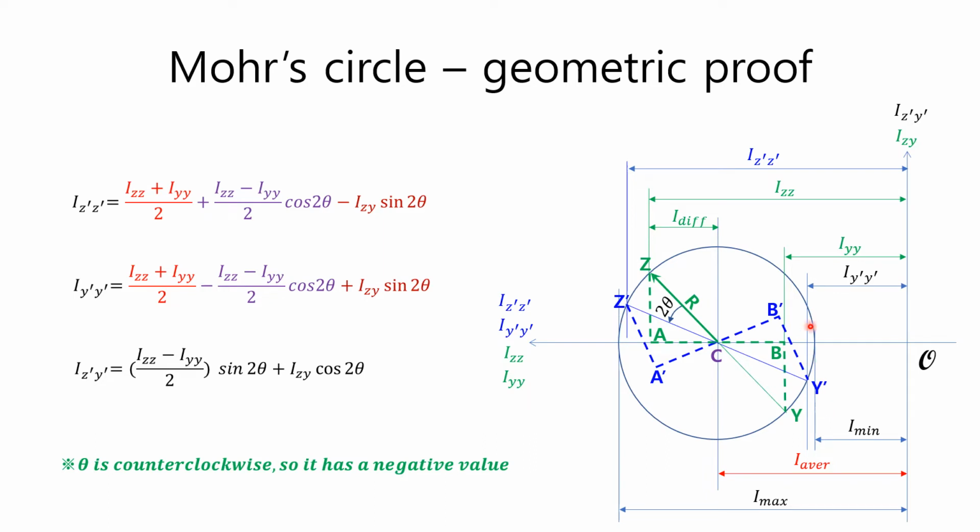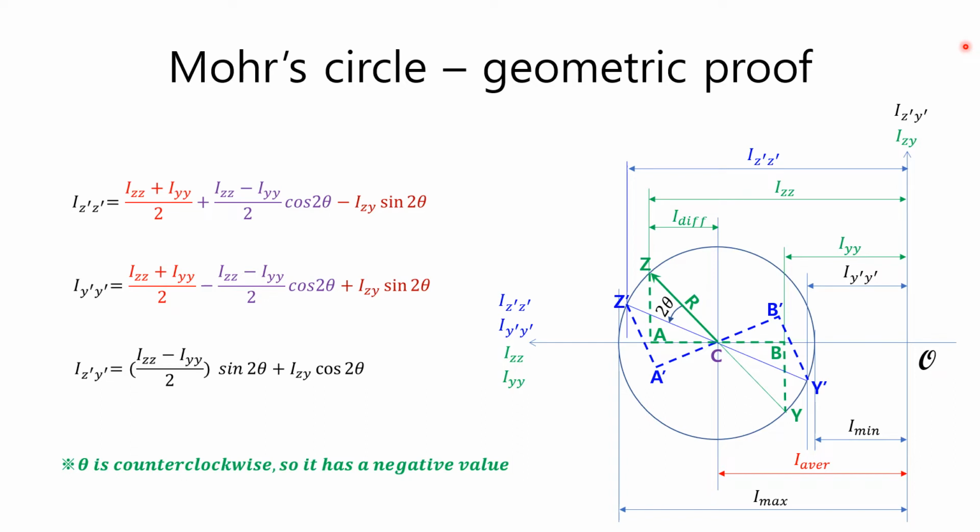What we know are Iz, Iy, and Izy in the ZY coordinate system, and what we need to know are Iz prime, Iy prime, Iz'y' in the Z prime Y prime coordinate system.